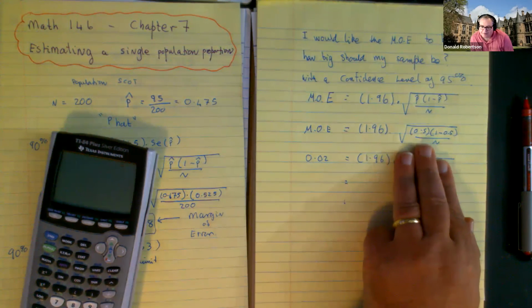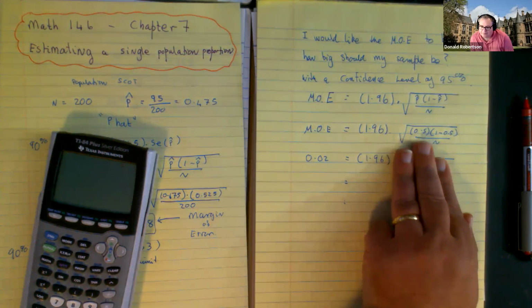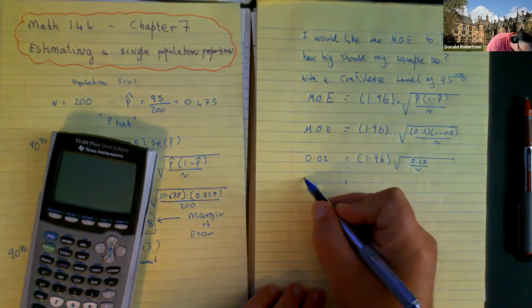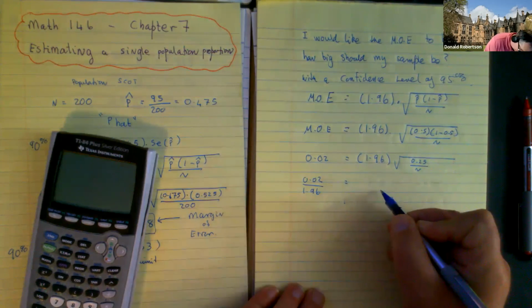If I cover that up, there's a clue. Last chance. Okay, here goes. Divide both sides by 1.96.